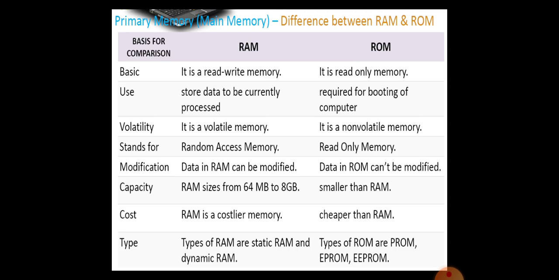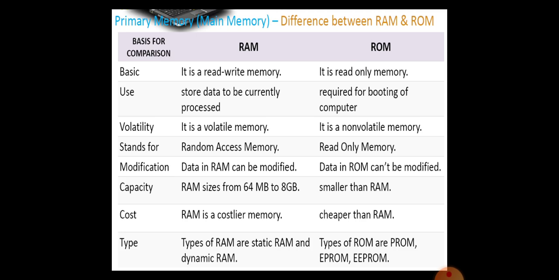That means the content of RAM changes each and every time according to the processing. We can modify the RAM data by giving one instruction at a time. For processing another instruction, the data within the RAM is changed.